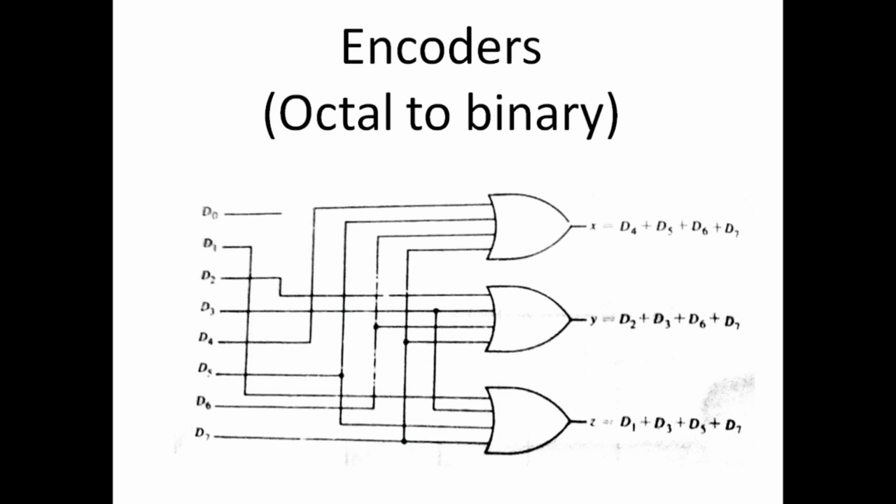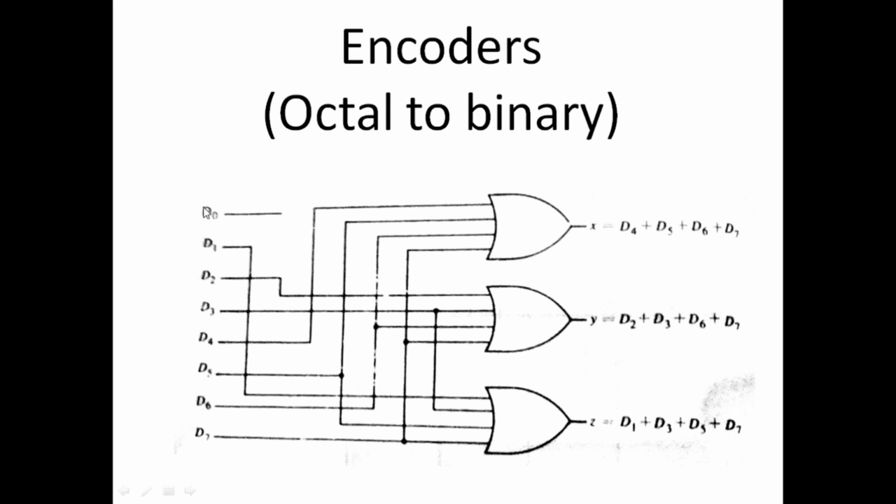This combination circuit takes 8-bit input and gives 3-bit output. So at the input we have 8 octal digits 0, 1, 2, 3, 4, 5, 6, 7, and it gives 3-bit output. X, Y, and Z are the three outputs.